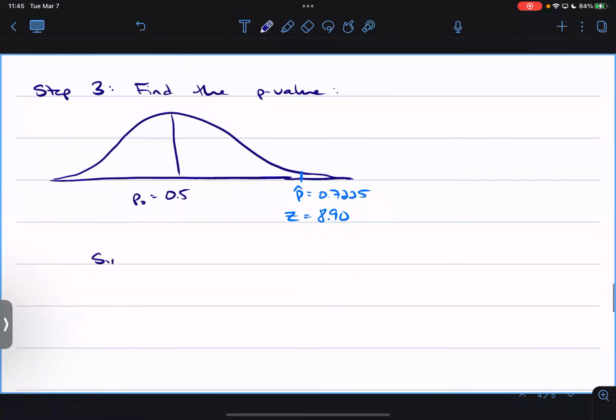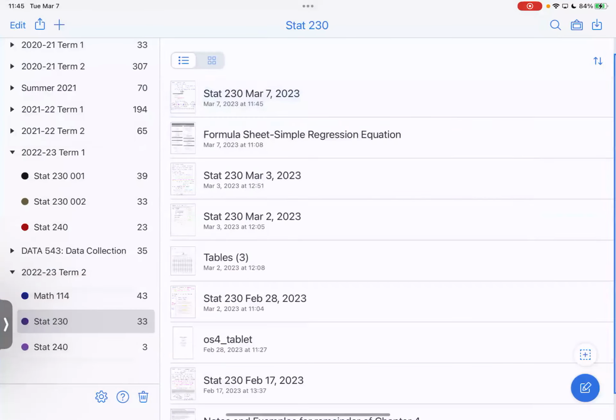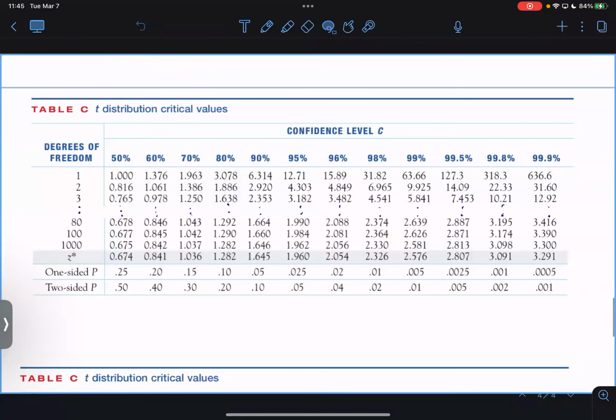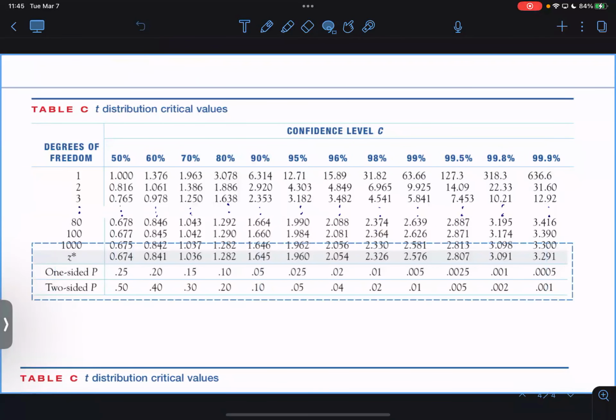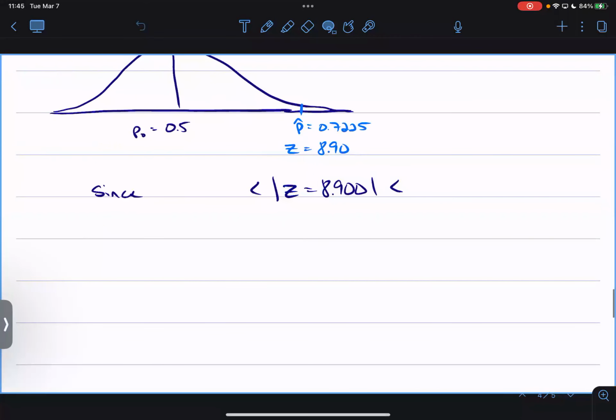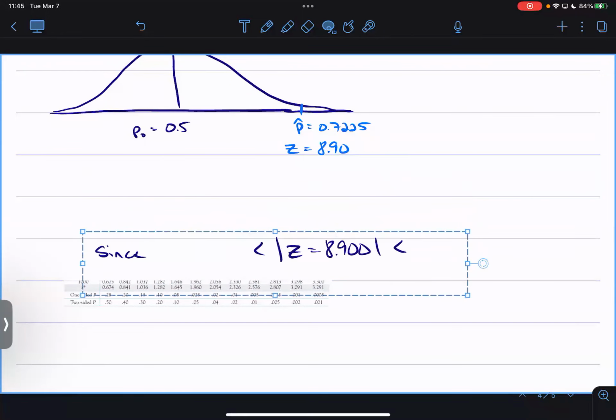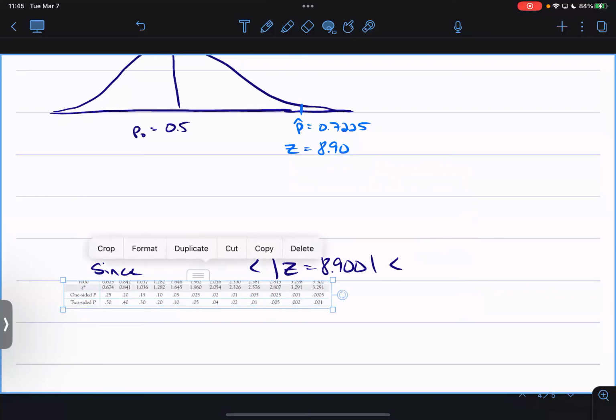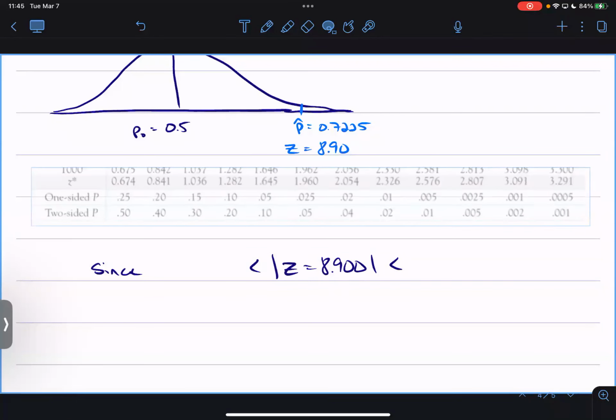Since the absolute value of Z equal to 8.900 is between two values from the table, I'm going to bump this down and give myself the table first.